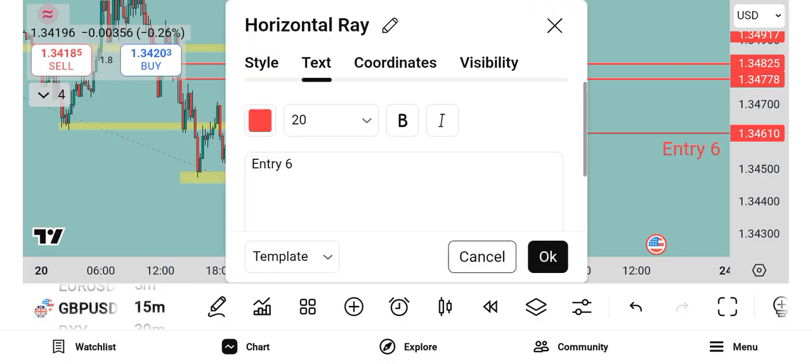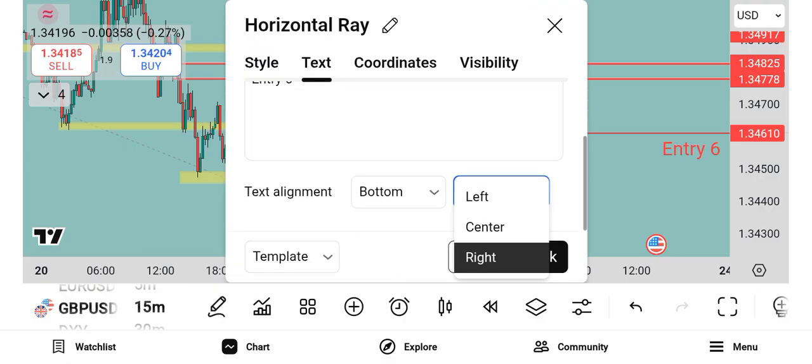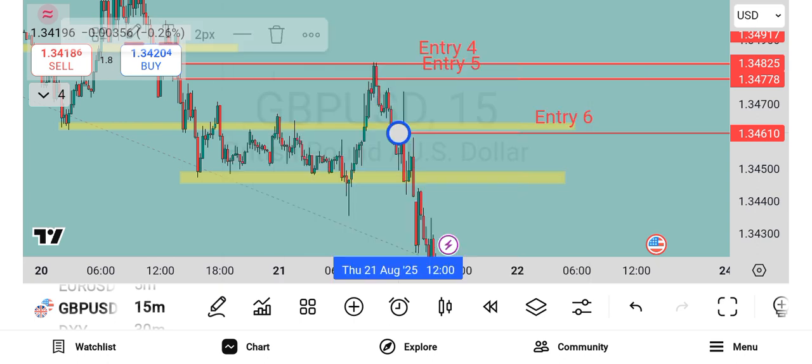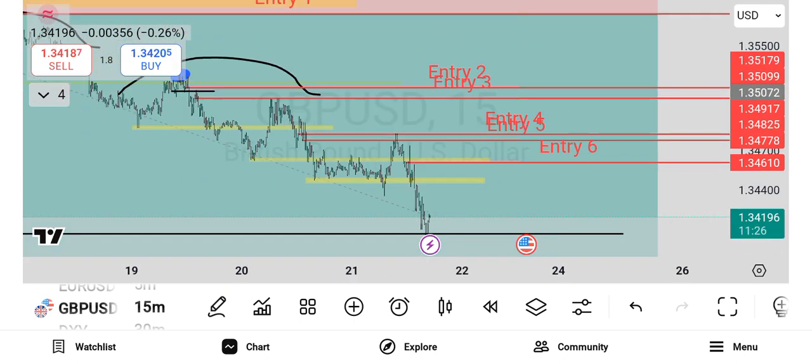Let me properly adjust it. Center, top. This is entry 6, guys.